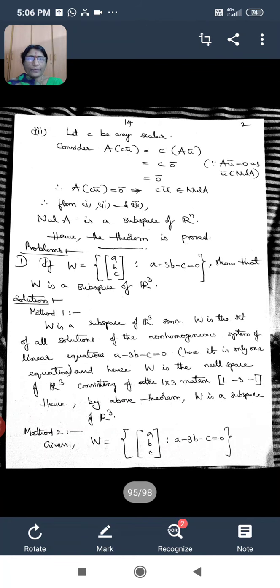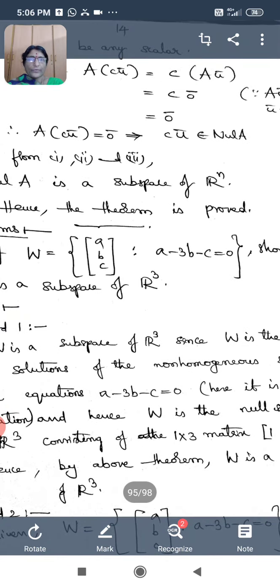So in bit 1 we have proved that the 0 vector 0 bar is in null A, as A times 0 bar equal to 0 bar is an obvious thing.